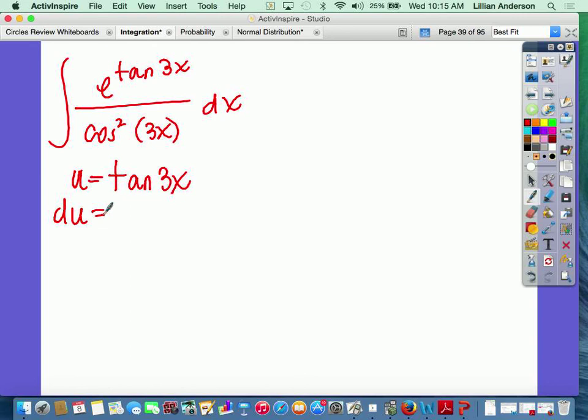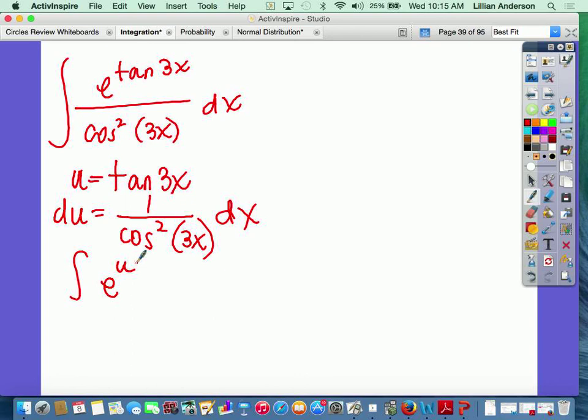But it's not an x here, it's a 3x. So yes, the derivative of tangent x is 1 over cosine squared x, but since we have a 3, this becomes a 3x dx. So even though it might have looked a little complicated, actually, not too bad. So when I go back and substitute it in, it's going to be e to the u, and then that 1 over cosine squared 3x dx is going to be replaced with a du.